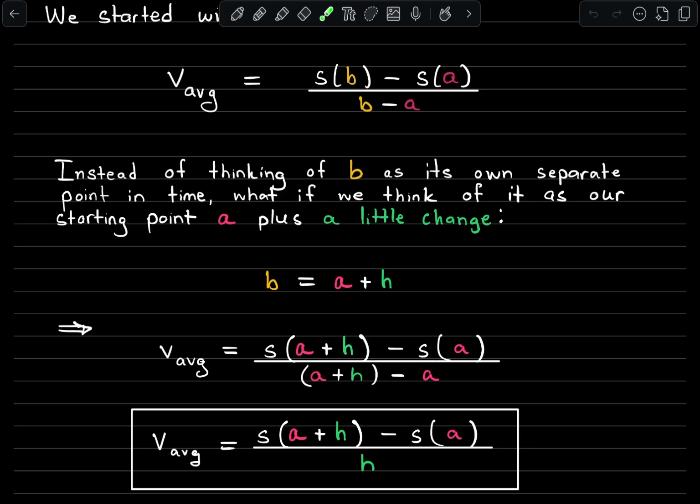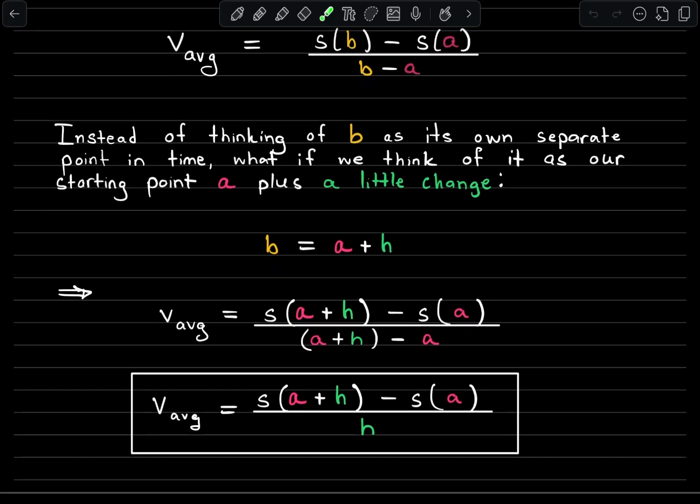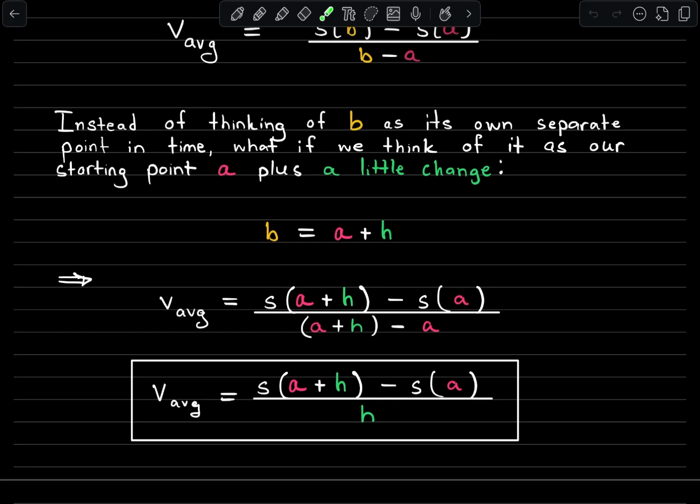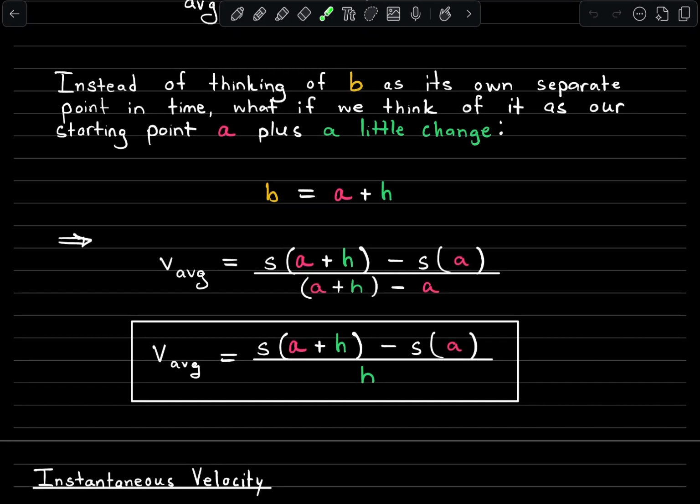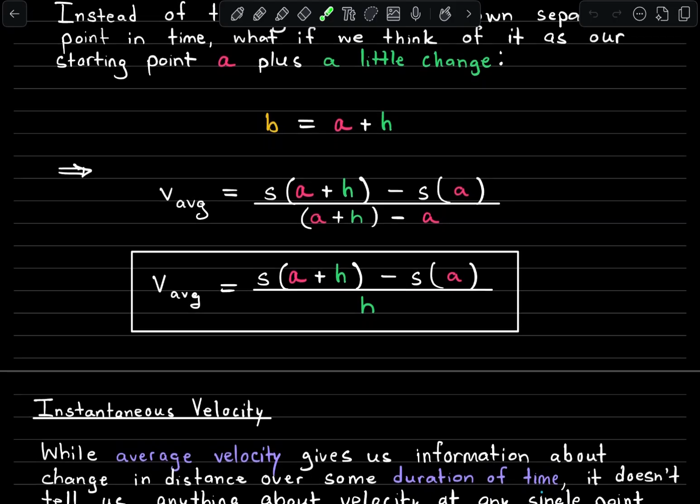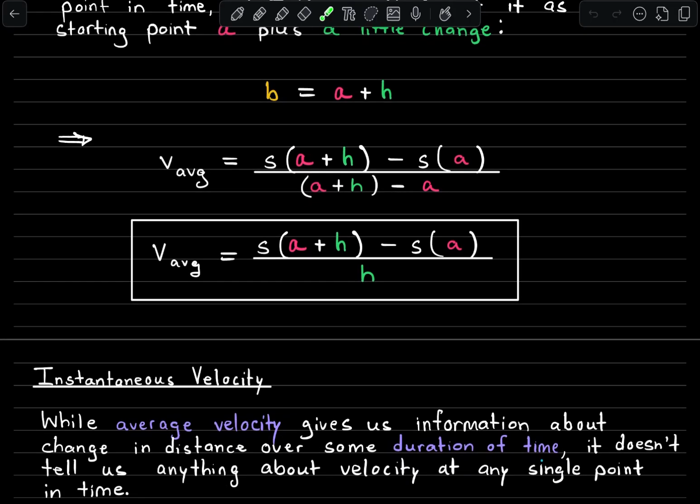We're going to see why this is useful in a second. So thus far we've been talking about average velocity. Now let's talk about instantaneous velocity. What is that? While average velocity gives us information about a change in distance over some duration of time, from a to b, it doesn't tell us anything about the velocity at a single point in time.